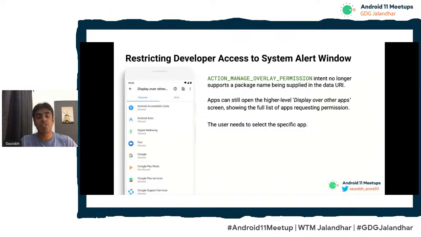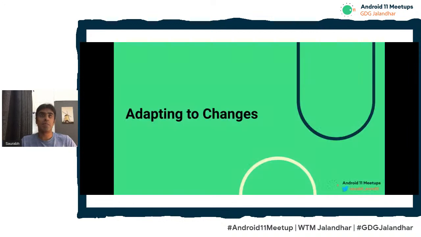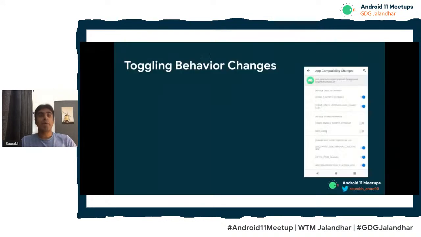You have to deep link to the generic app list where the user has to explicitly find your app and then grant permission to draw overlay windows on top. As was mentioned in the last talk, Bubbles is a great replacement for this. If you are using this for a messaging kind of interface, use Bubbles instead of system alert window.